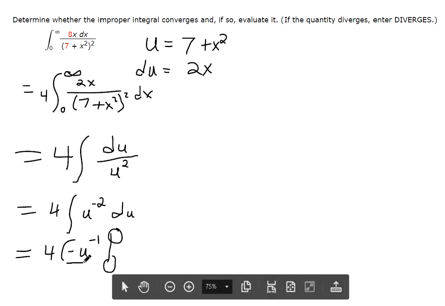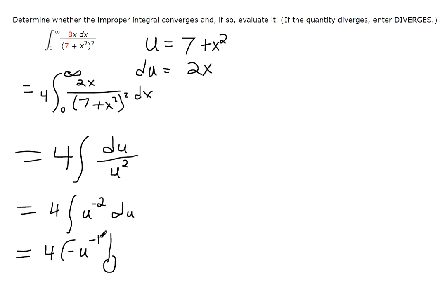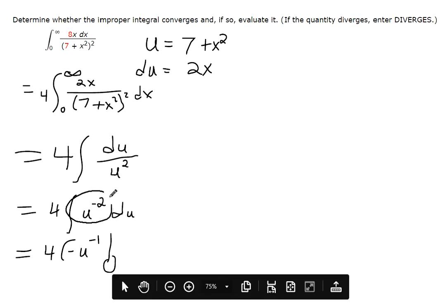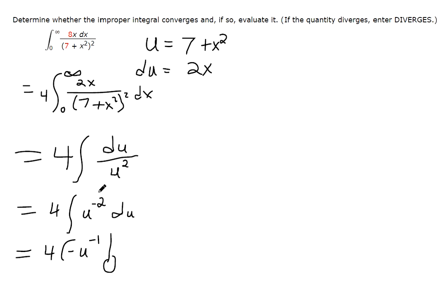So if you have negative u to the negative first power, if I was to take a derivative of this, the negative 1 would come down and multiply the negative sign to make a positive 1, so that'd be positive here. And then the power gets reduced by 1. That's the derivative using the power rule. So this is the antiderivative of this, because if I take a derivative of this with respect to u, it becomes u to the negative second.